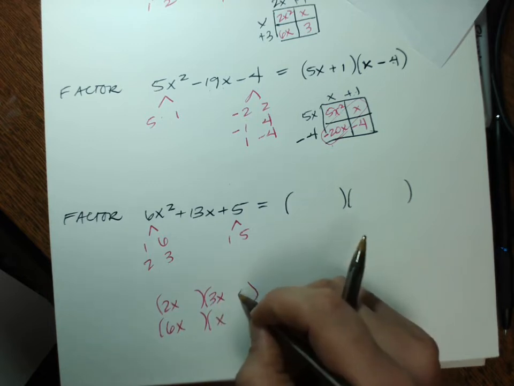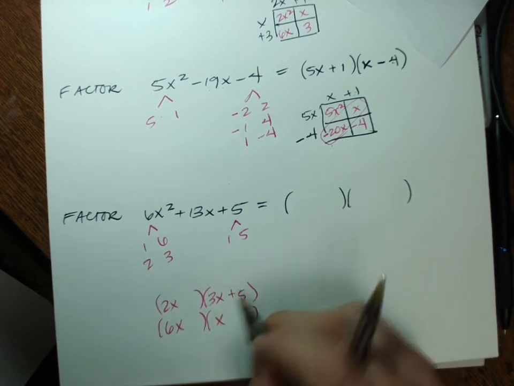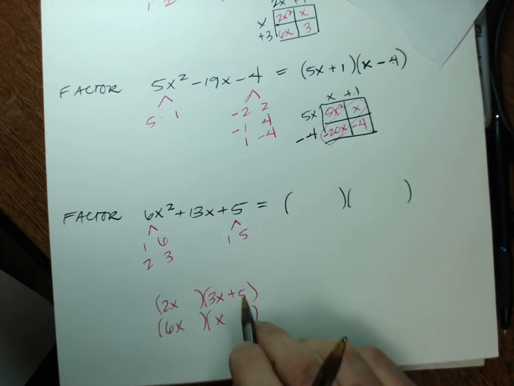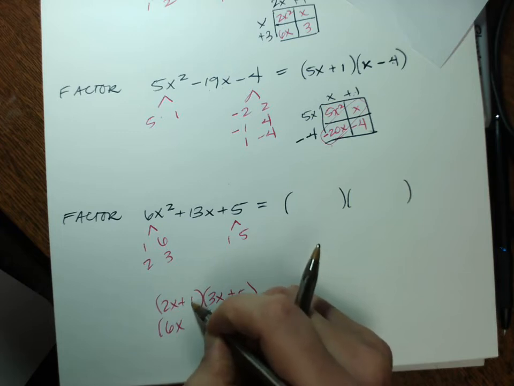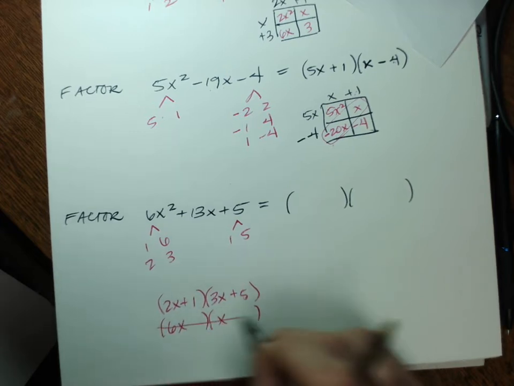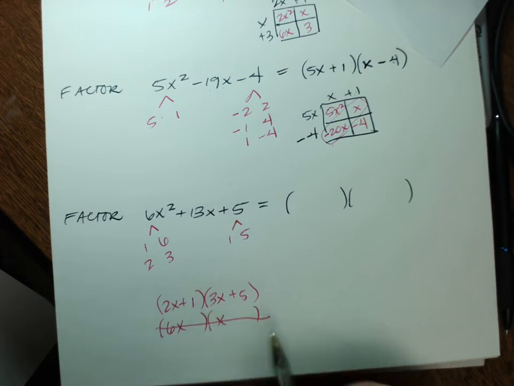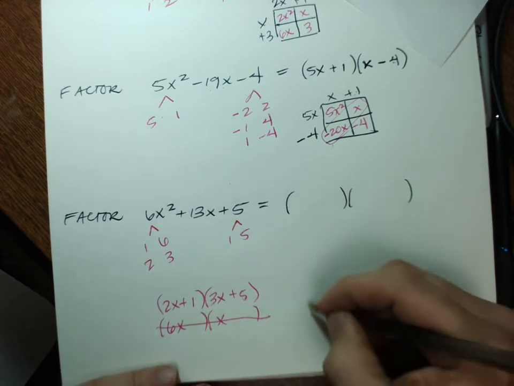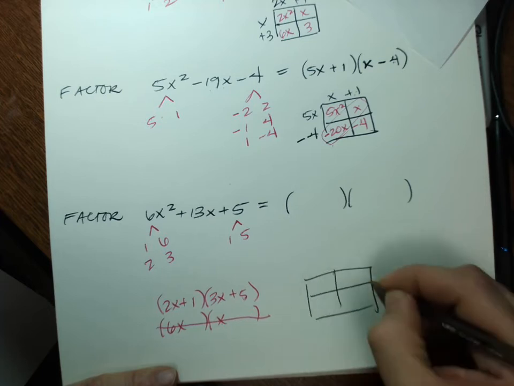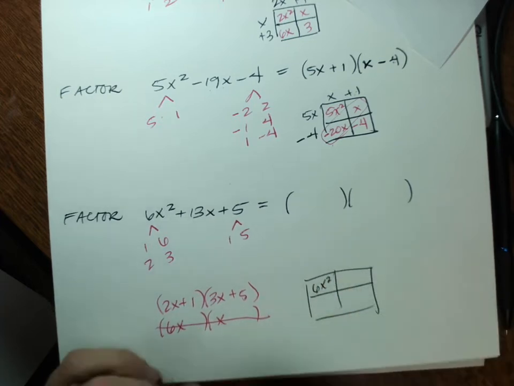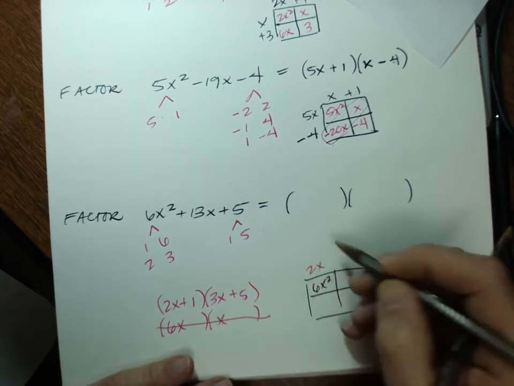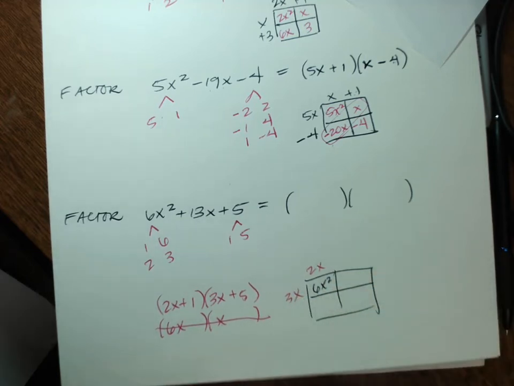And then if you put a 5 here, that 2x is going to multiply the 5 and make 10x. Put the 1 here. So this is not possible. Okay, so here's what I'm thinking. We had 6x squared, and I thought it was probably 2x and 3x.